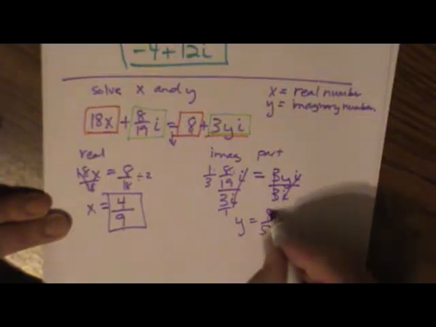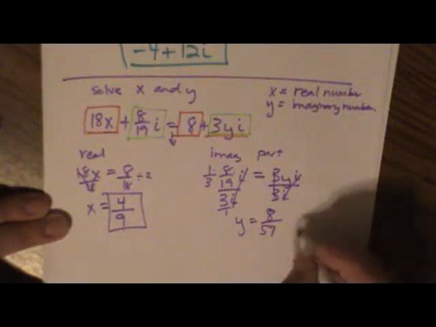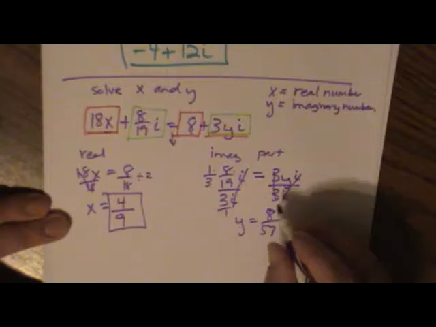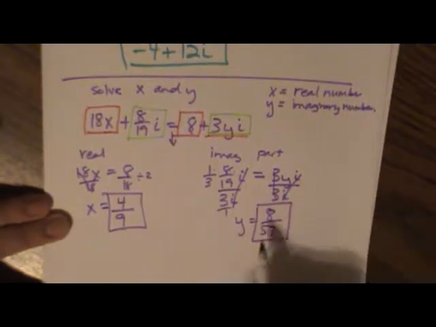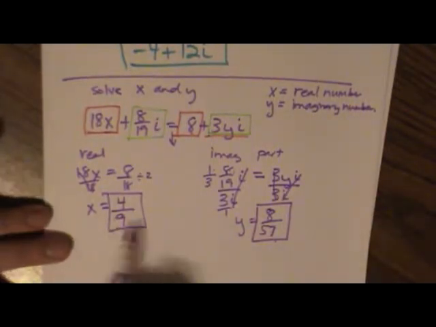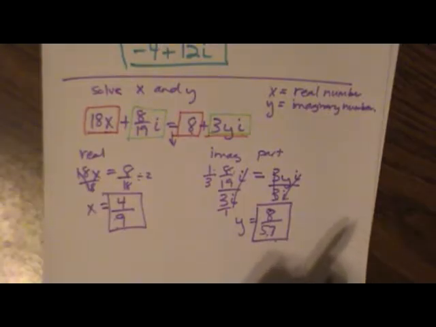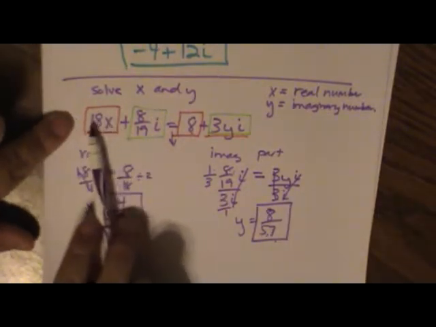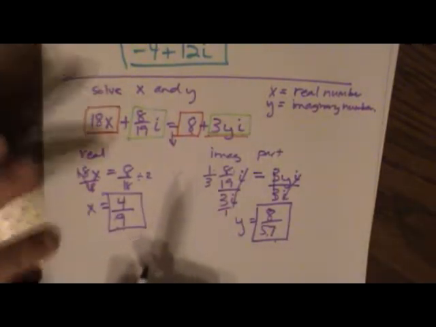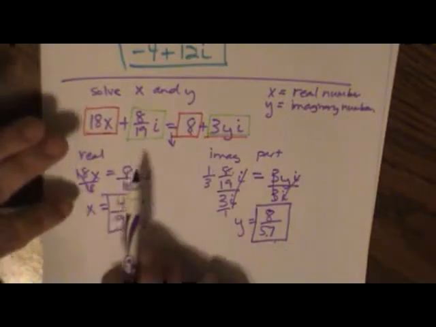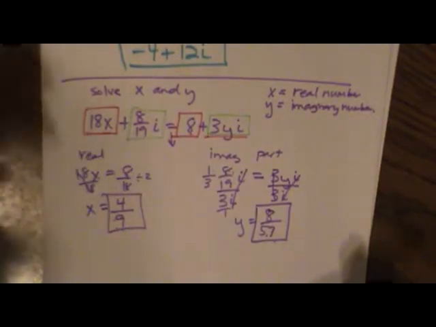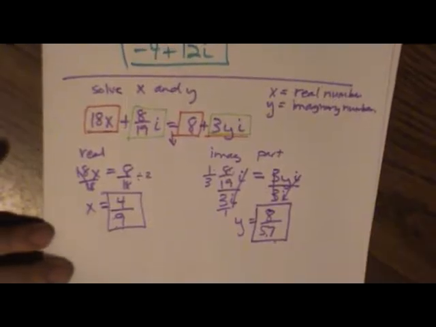And it does not simplify because 8 doesn't go into it, and 57 is the odd one. So our x is this, and our y is that. So just remember, you want to split apart the real part from the imaginary part and treat each as its own special equation to get your answers.